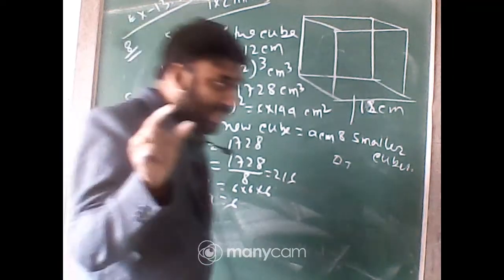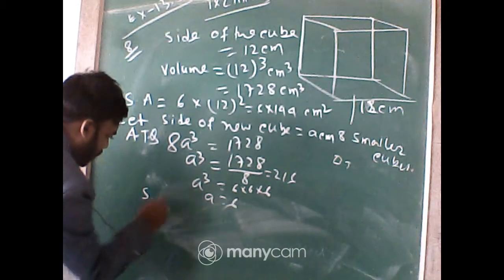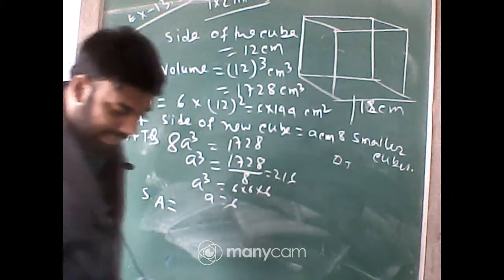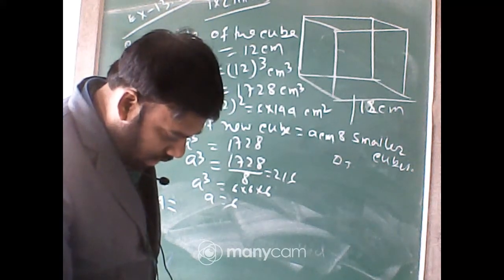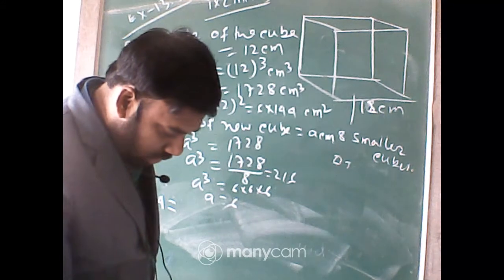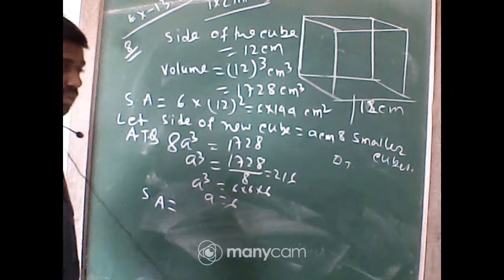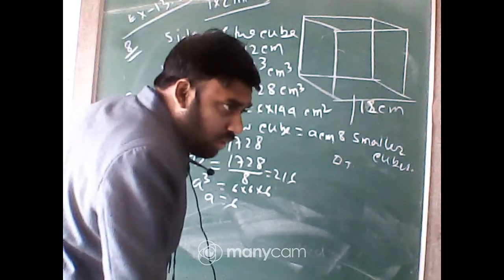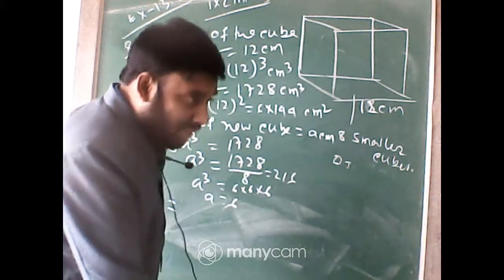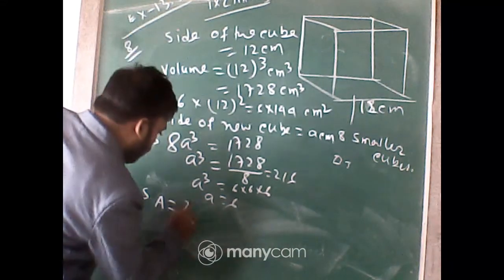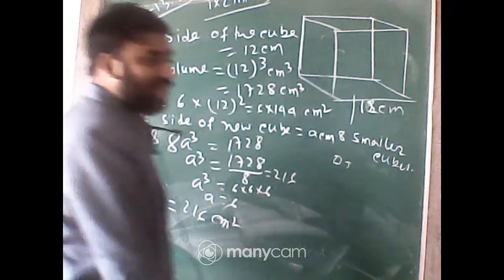Now each smaller cube has side 6 centimeter. Then what will be the surface area? Surface area is 6 into a square, that is 216 centimeter square.